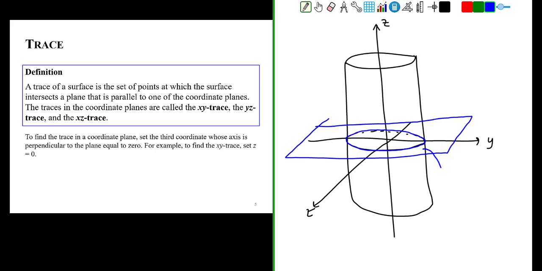That line of intersection we call a trace. This trace corresponds to the plane positioned at the value z equals 0.